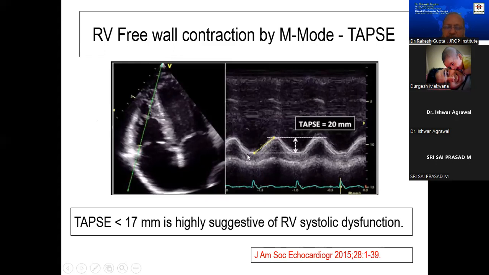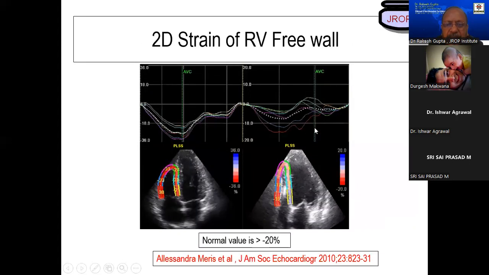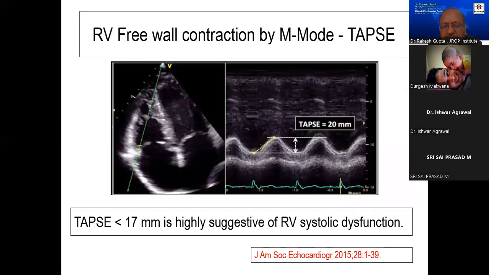Then we measure how much the tricuspid annulus has moved towards the apex, and that gives you the tricuspid annular plane systolic excursion. It has to be more than 17.5 to be considered normal.